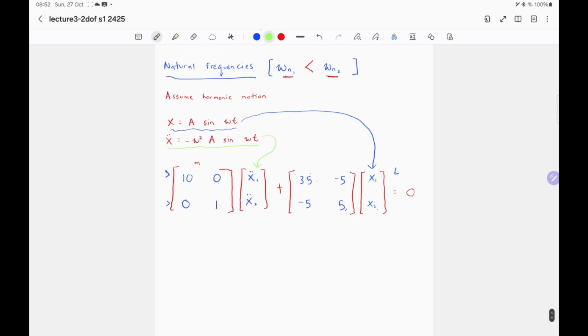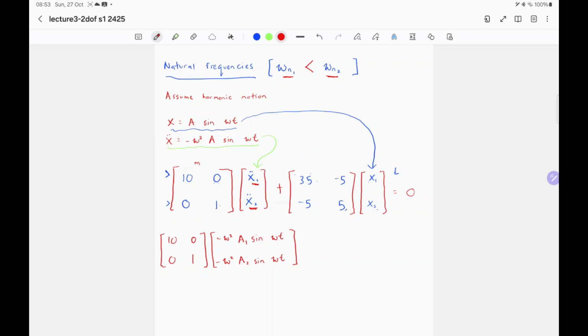So if I replace it in there, I will get 10, 0, 0, 1, and then x double dot will become negative omega squared A1. Why is it A1? Because here is x double dot 1, so A1 sine omega t, and x double dot 2 will become negative omega squared A2 sine omega t.